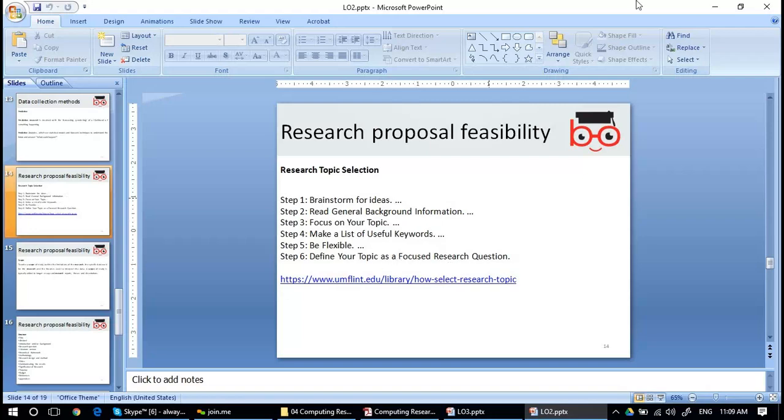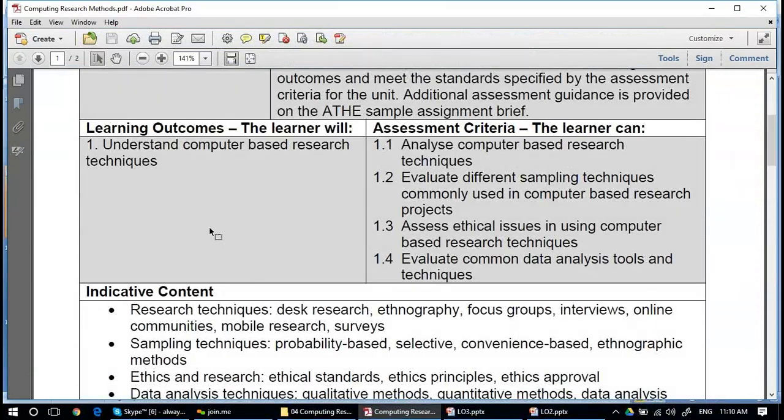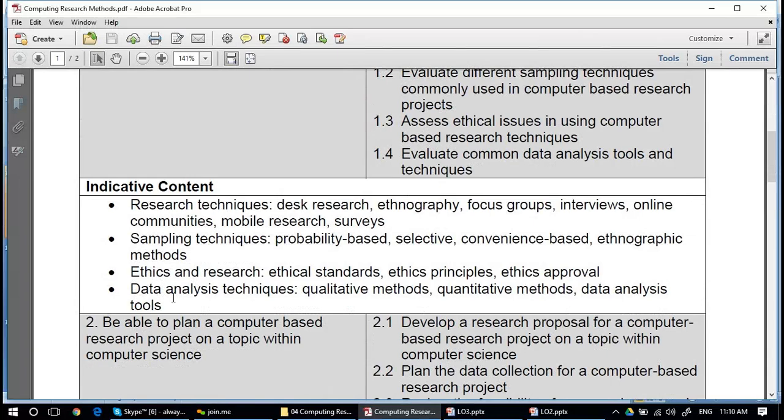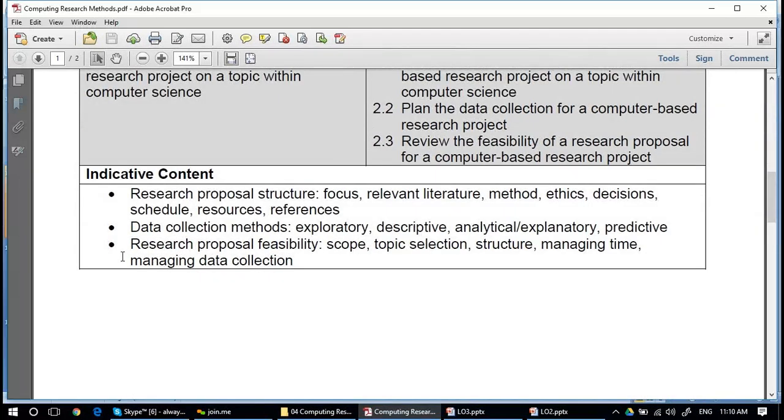By following the overall flow of the learning outcomes, you understood research and research techniques, then ethics, data searching techniques. Then after studying the research, we discussed the research proposal, then data collection methods, and the feasibility study.